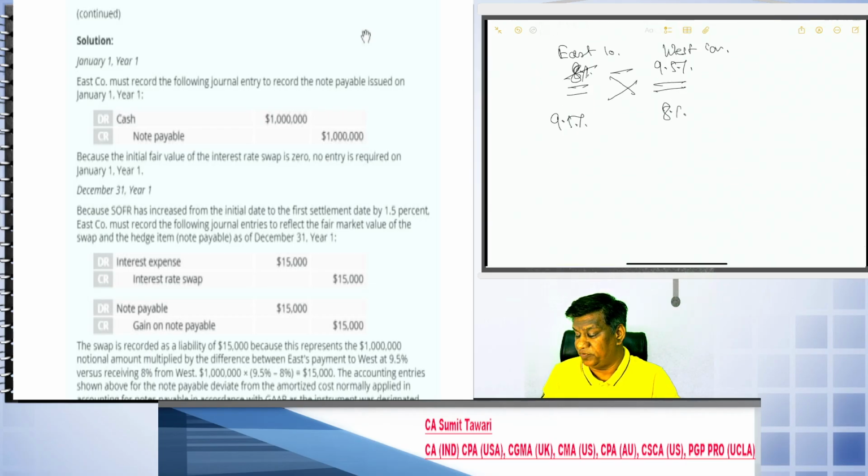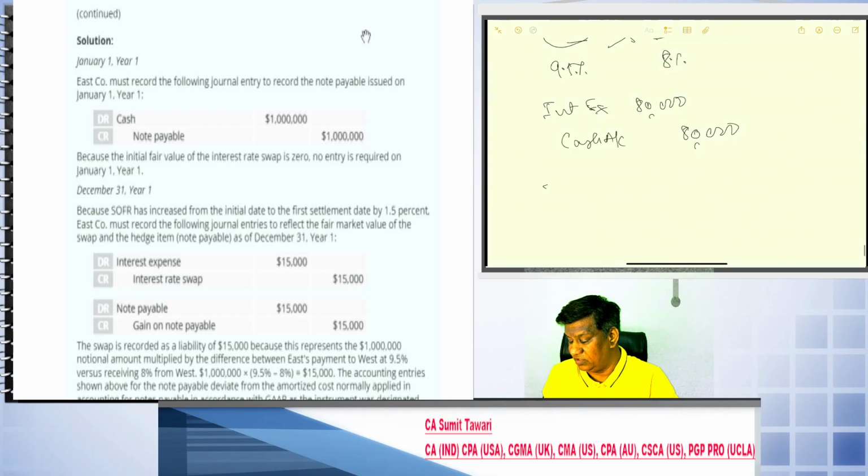So when Eastern Company pays the actual 8%, it is interest expenses 80,000 to cash account, but it took the additional obligation of 1.5%. So again, interest expenses 15,000 to interest rate swap.